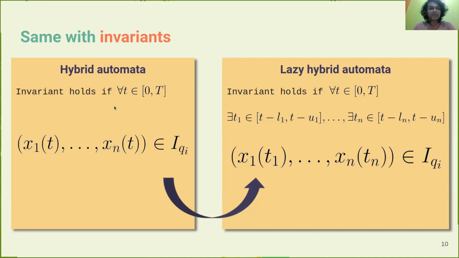And here we say that the invariant holds across the time horizon of execution if the variables evaluated at time t satisfy the invariant. But in the case of a lazy hybrid automaton, again, at each time the invariant holds if there was some point in the past where the system variables evaluated at that point in the past satisfied the invariant.